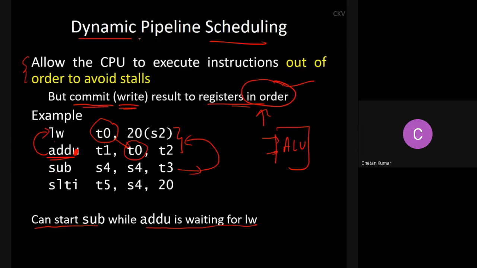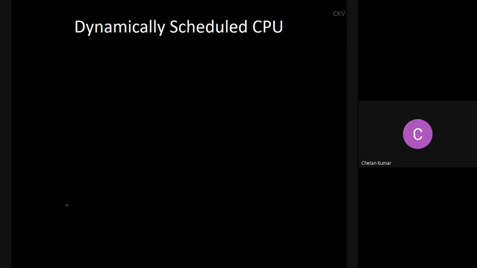So in most of the dynamically scheduled processors, or dynamic multiple issue processors, you will have a large number of functional units. You will have adders, separate multipliers, and multiple adders, meaning you will be able to do multiple addition operations at the same time. That's one of the major differences between your normal implementation and the dynamic multiple issue processor. So here, can we start sub while add is waiting for a load? Yes, we can. That's the basic idea.